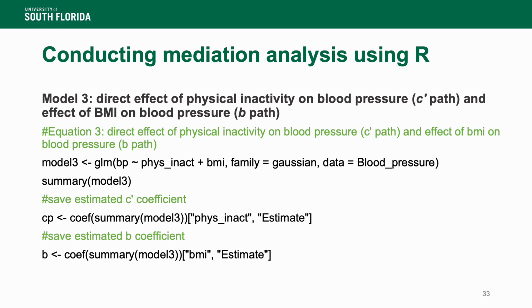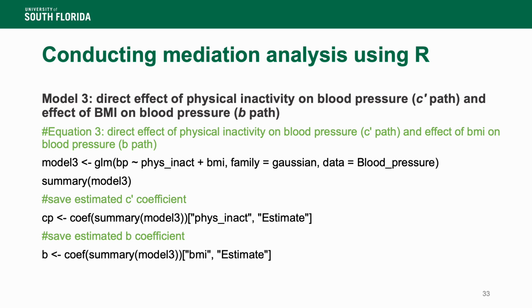Here we see the code that we can use to estimate the third equation. This third equation is used to estimate the direct effect of physical inactivity on blood pressure, or in other words, the C' coefficient. It's also used to estimate the effect of BMI on blood pressure, or in other words, the B coefficient. This model we also estimate with the GLM function, as we can see in this very first line of code.